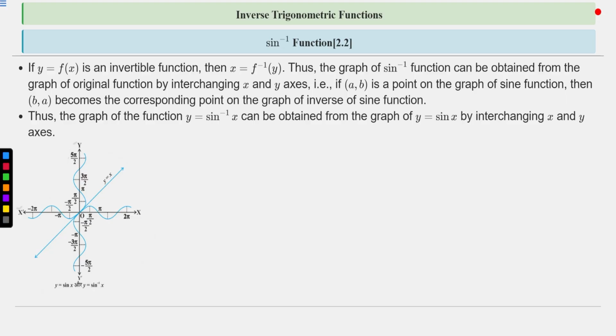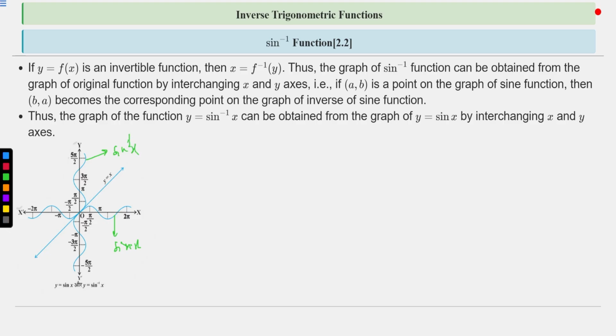See, this is the graph of sin x. This portion is the graph of sin x. So we have just taken the mirror image of this graph with respect to the line y equal to x, and this graph is basically of sine inverse.